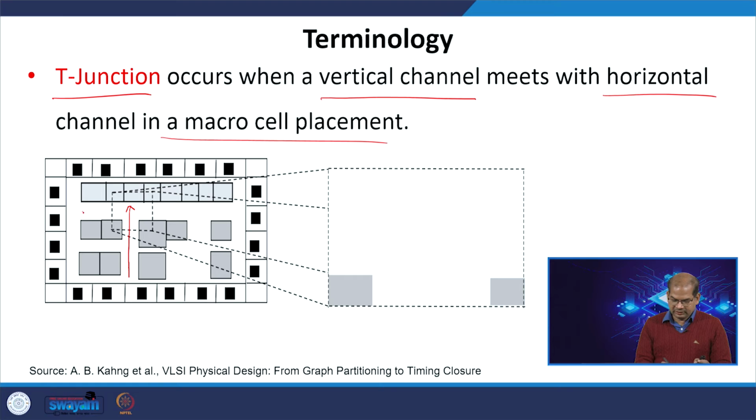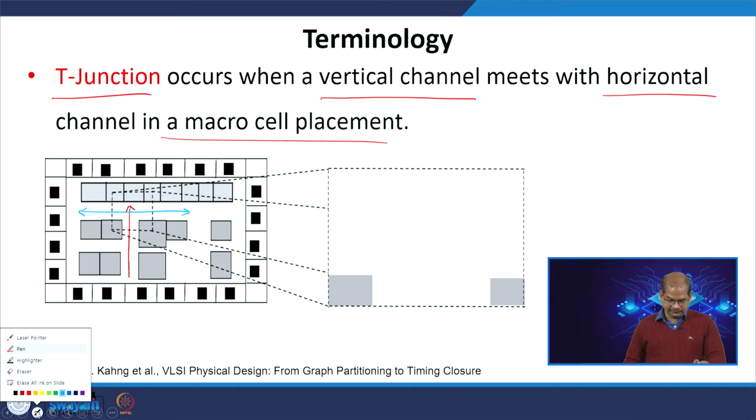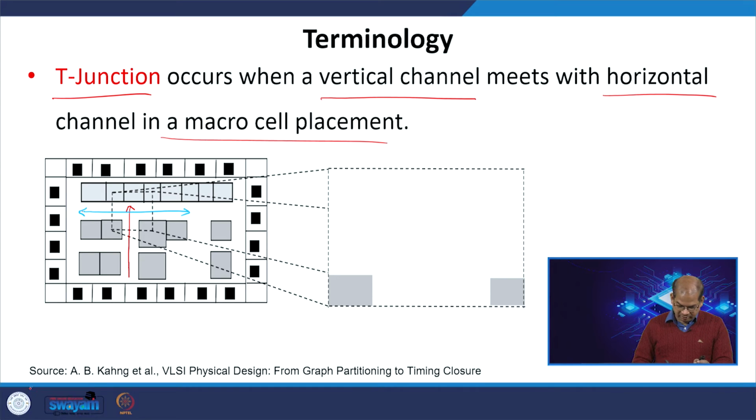Together they create the symbol T, so it is called a T junction. The T junction is one of the terminologies used in global routing.